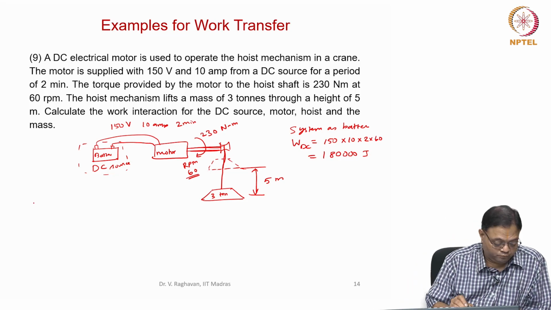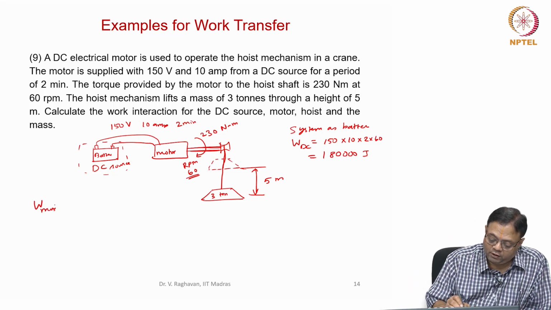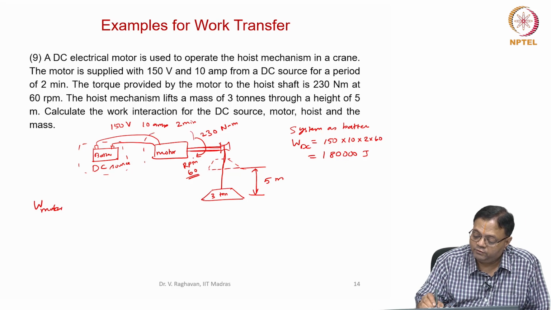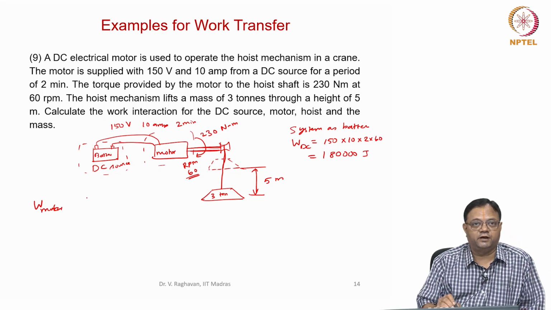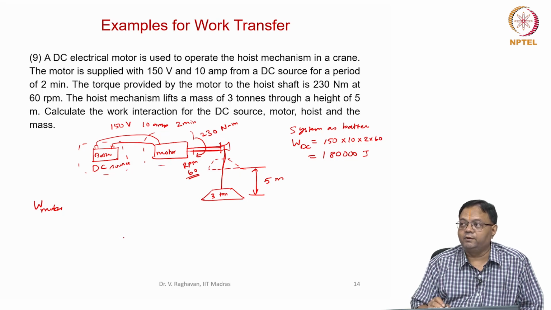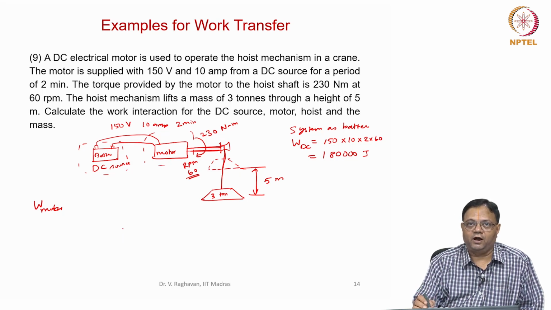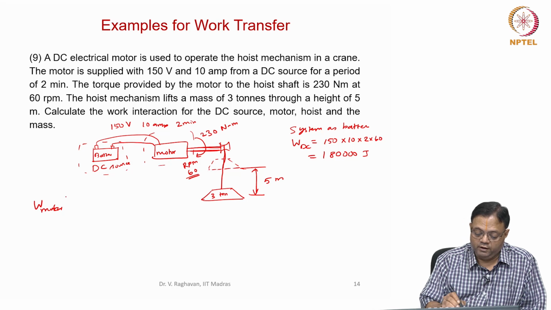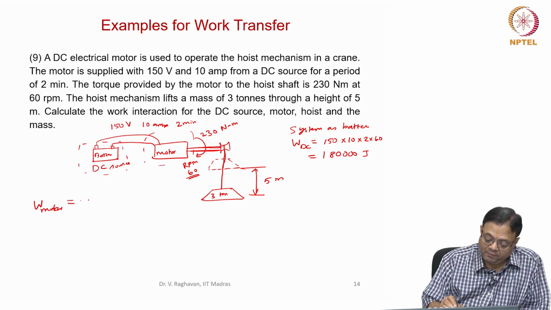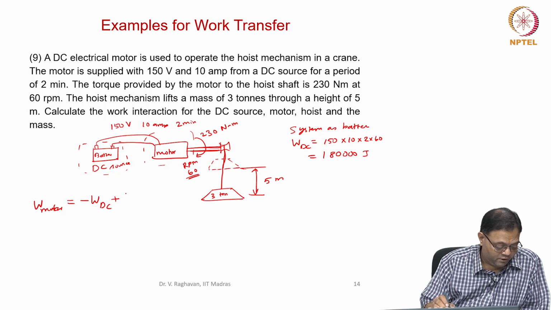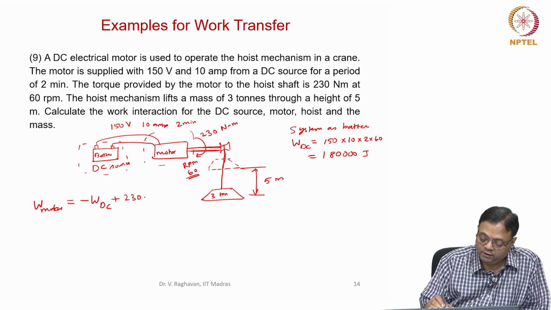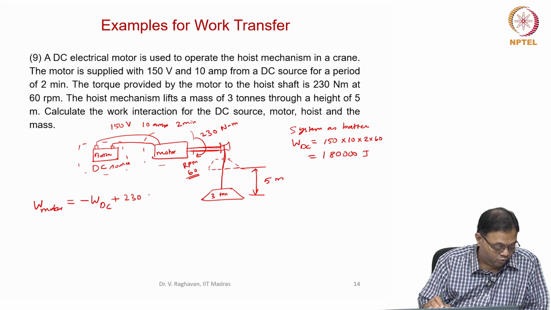Now for the motor, if you take it as the system, it receives some energy from the DC source and delivers some energy to the hoist shaft. So that means it is minus work of DC plus the work it does in rotating the shaft, which is nothing but 230 into 2 pi 60 into 2 minutes.